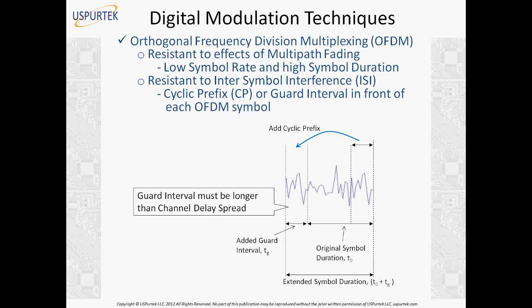So in order to cover that time interval, which is causing us inter-symbol interference, we put a guard interval. The guard interval is actually the cyclic prefix. So putting a cyclic prefix in front of the OFDM symbol helps us reduce inter-symbol interference between different copies of the signal.